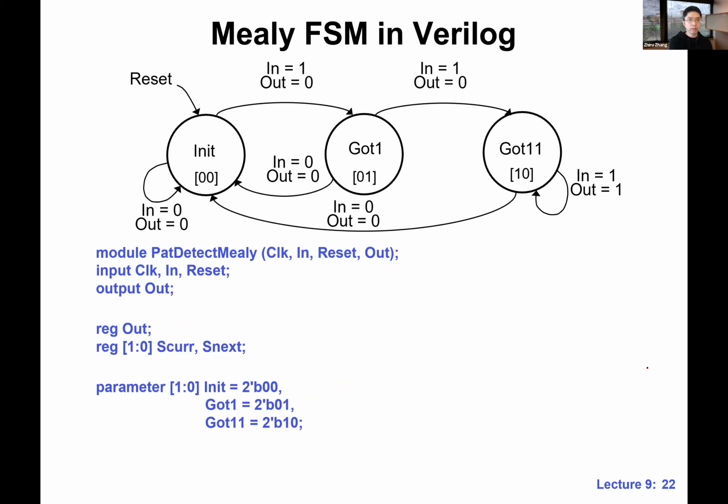Okay. Let's also quickly look at the Mealy machine. Here we have 3 states, pretty much the same. We declare the current state, the next state, and we have the encodings for the state labels. These are basically like the enum construct that you guys use in other software programming languages like C or Java.